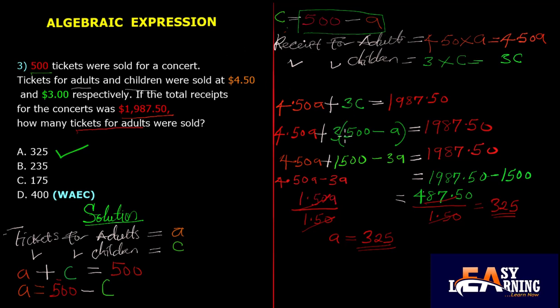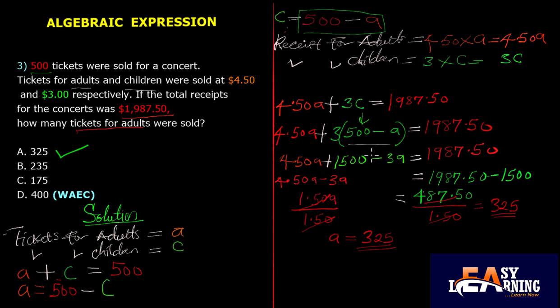So we replace our C with 500 minus A. We did this replacement here, and we brought down our 4.50A. Now we expanded this bracket. 3 times 500 is 1,500, 3 times A is 3A, equating it with the total tickets here. After that, we collected like terms because we have 3A here and we have 4.50A here.